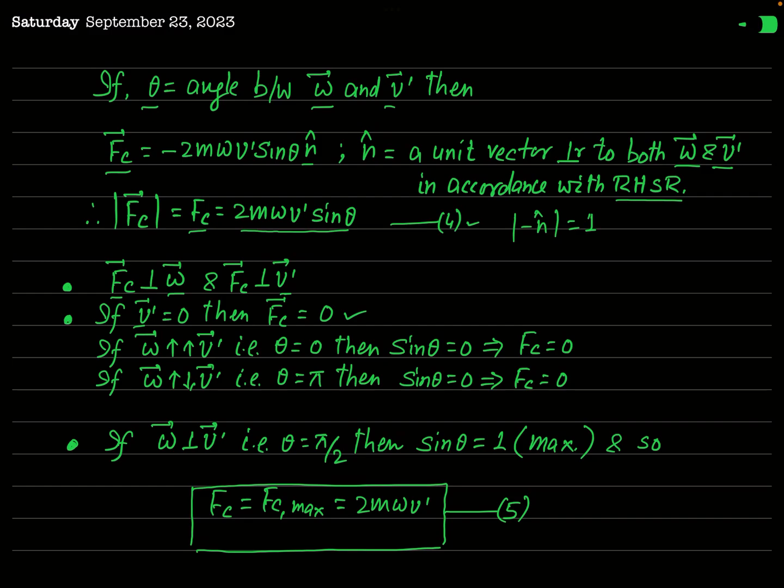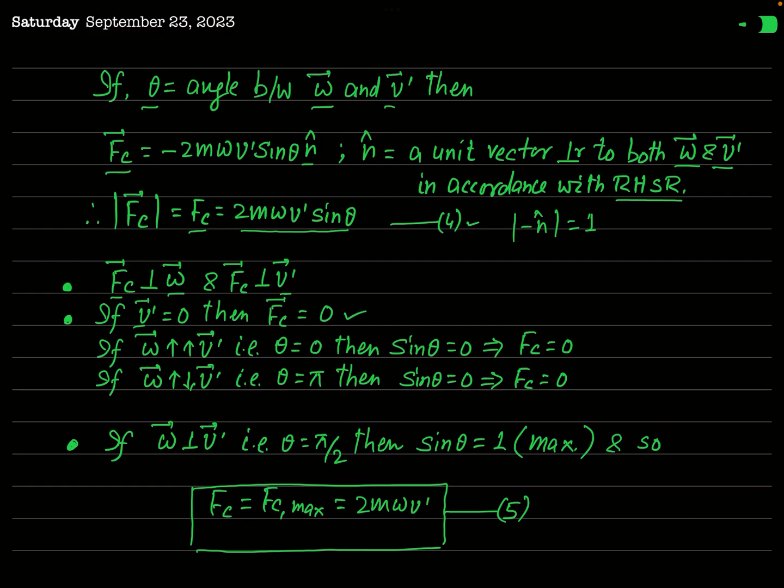But there are two other situations when the velocity v dashed, that is the velocity of the particle with respect to the rotatory frame, will not be 0, but in spite of that the Coriolis force will be 0. And what will be those two situations?